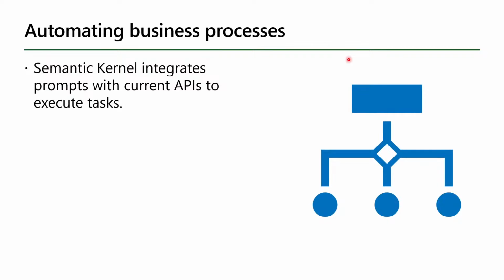Yes. So, Semantic Kernel combines prompts with your existing APIs to perform actions. For example, let's say you have existing APIs in your line of business application. Let's say you are working in a telecom company, and you are building an internet application, a payment website.